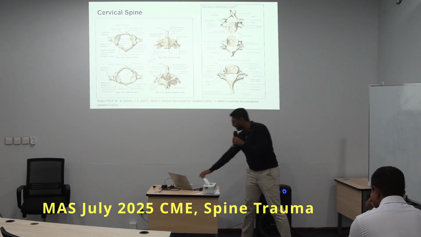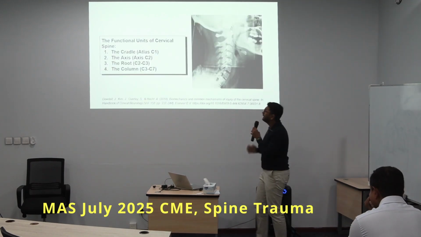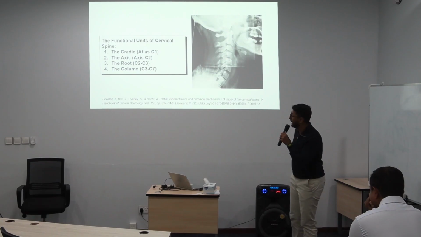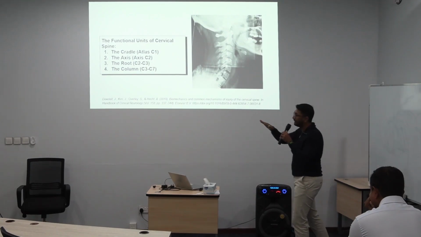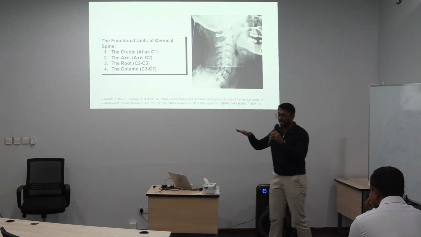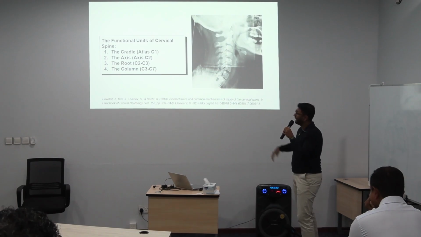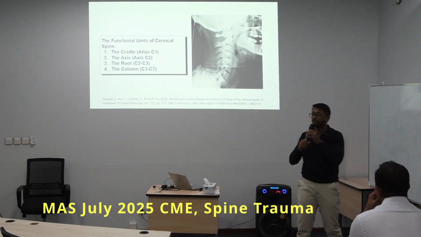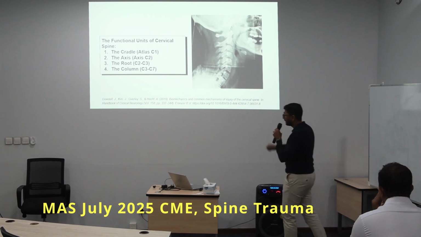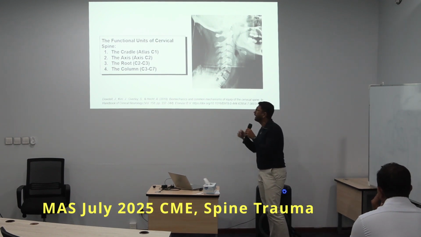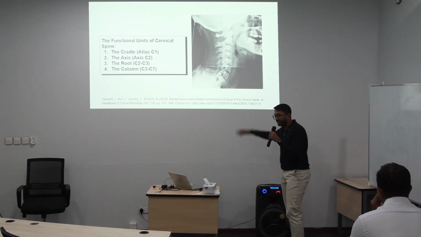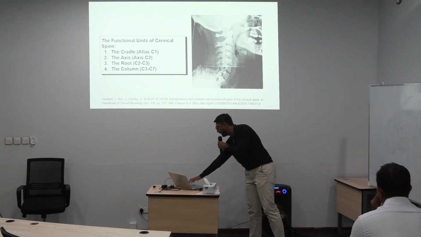In the cervical spine, there are a few functional units, namely the cradle, based on the movement of the occipital condyle with C1, the Atlas. Then you have the axis, how C2, the second cervical vertebra, collaborates with C1, and then you have the root, how C2 and C3 collaborate. You have the column, basically the rest of the cervical vertebrae and how they collaborate.